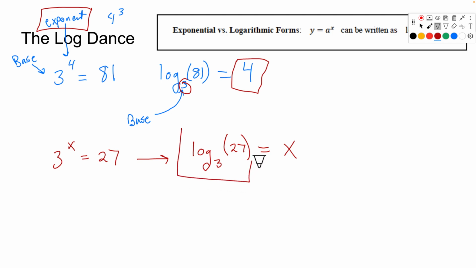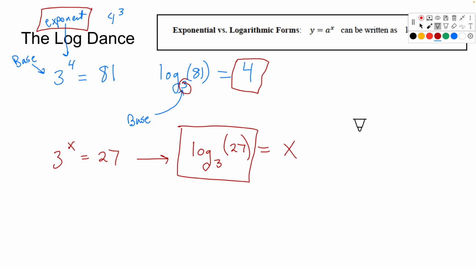If we have a key on our calculator, which we do, and I'll show you those, we could now actually calculate what's needed. And you'd see, yeah, 3 to the 3rd power gives us 27. You could do this sort of backwards thinking of what power I should put here to get 27? Well, 3 times 3 is 9, times 3 more gives me 27. So you could figure it out, but you could also go to a calculator.